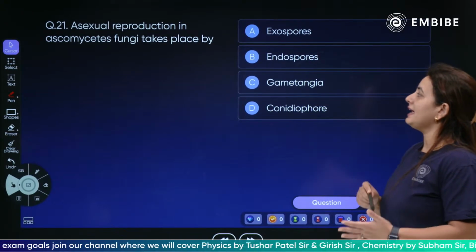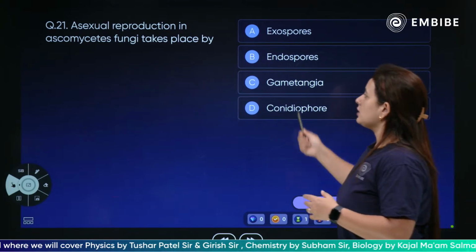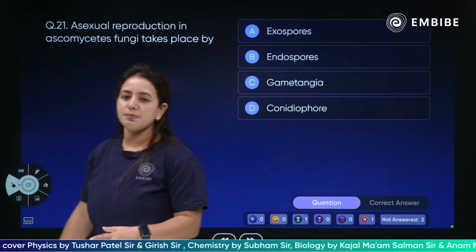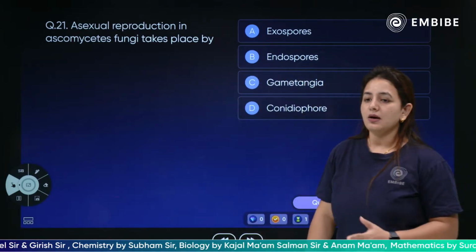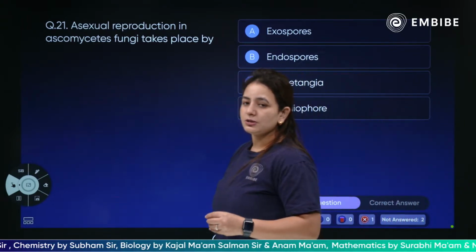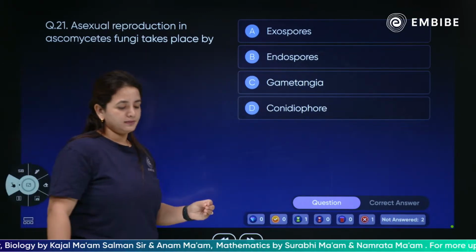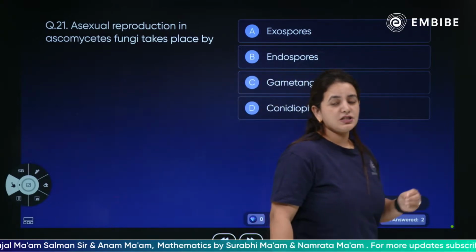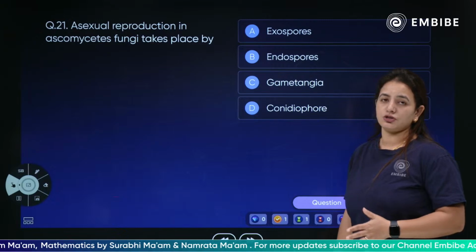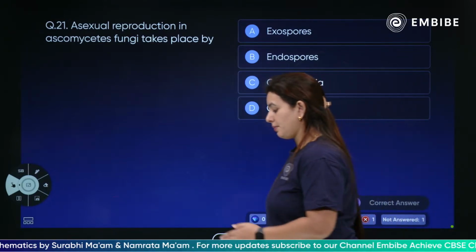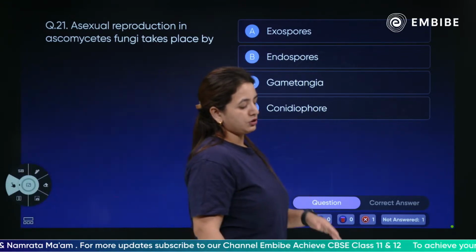Next question. Asexual reproduction in Ascomycetes takes place by which among them? Which among these is responsible for the asexual reproduction in Ascomycetes? Also very easy. Just remember what we have discussed. There is a sexual method of reproduction and also an asexual method.